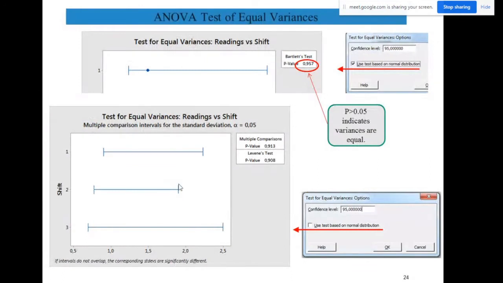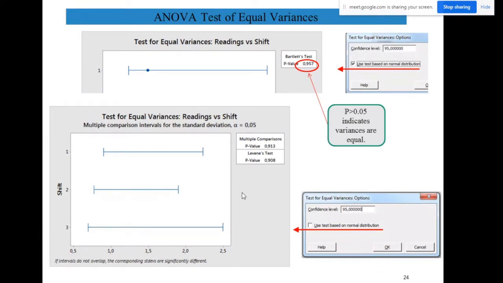Here in the summary plot, normally we go for Levene's test. If the Levene's test p-value is greater than 0.05, we say variances are equal. If the p-value is less than 0.05, we say variances are not equal. Okay, so here we can see the variances are equal.